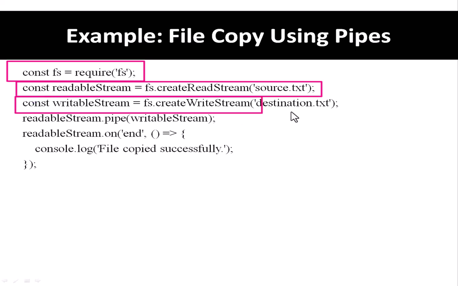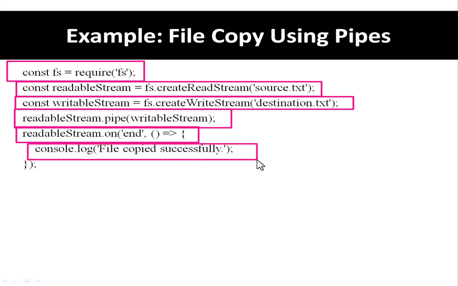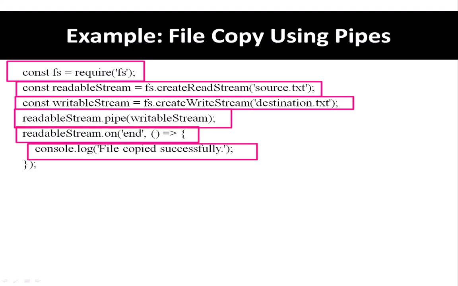We use the file system package, require fs, which is similar to importing packages in Java, or including a file using C. Here we use two streams, a readable stream and a writable stream. We have given source.txt and destination.txt, the two files, source and destination.